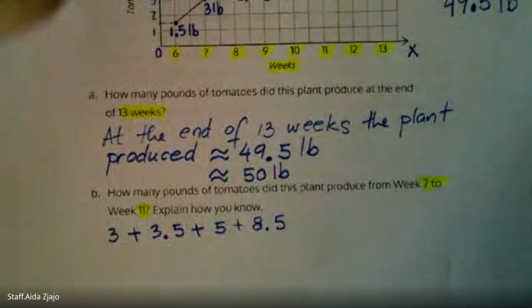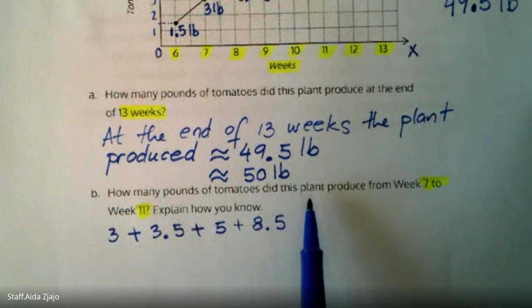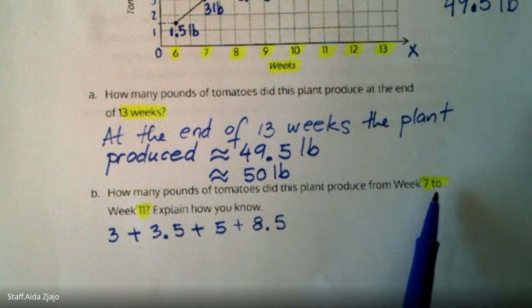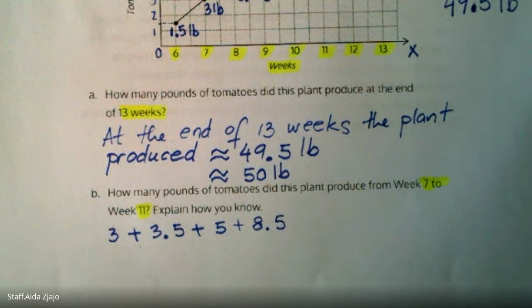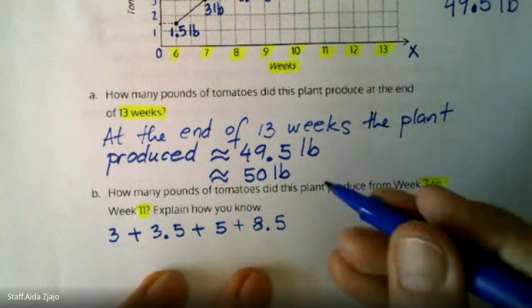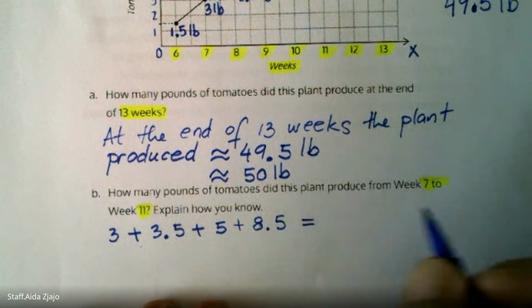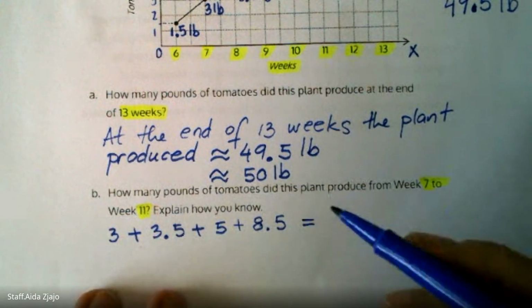Sorry, because how much I could understand how many pounds of tomato the plant produced from week 7 to week 11. So to me, it's not included the week 11, but maybe I'm wrong. Forgive me if my language is sometimes hard for me.